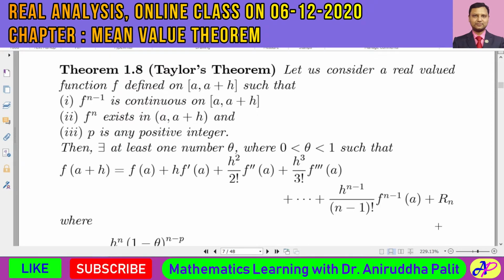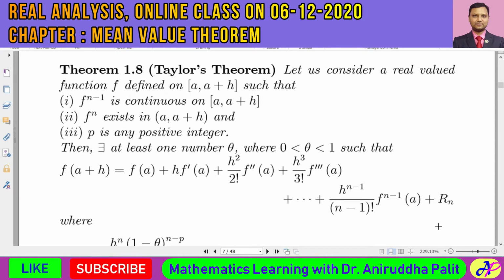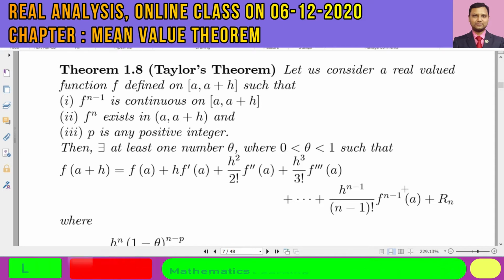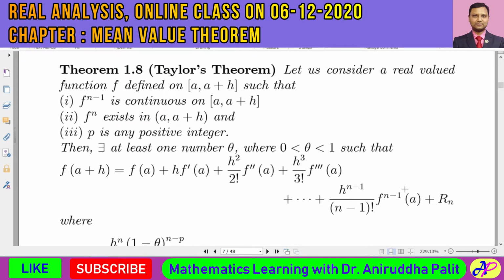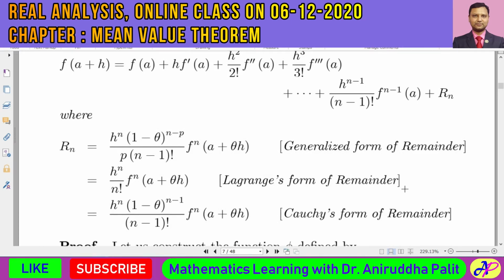So all these derivatives must exist on the closed interval, and must be continuous there. Then only we can have Taylor's infinite series expansion. So that's all about the Taylor's infinite series expansion.